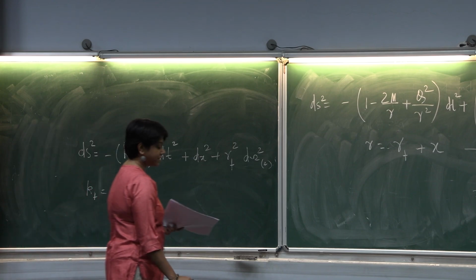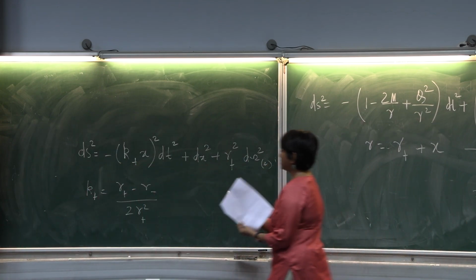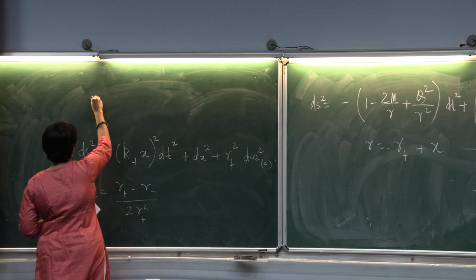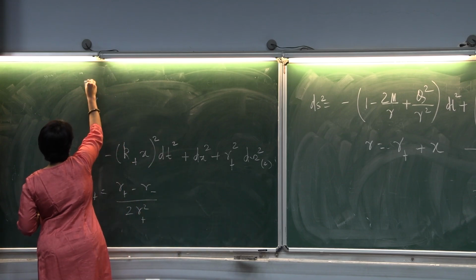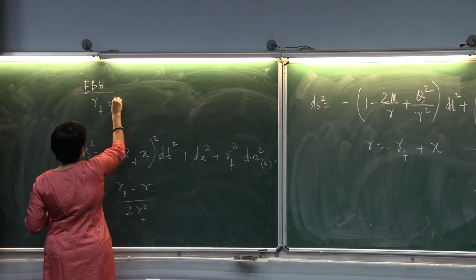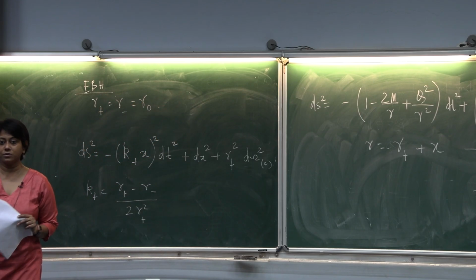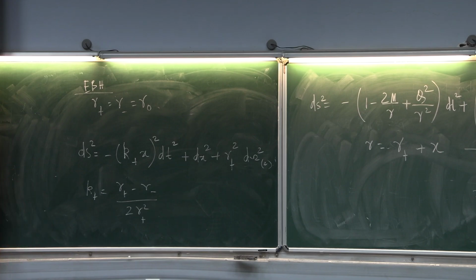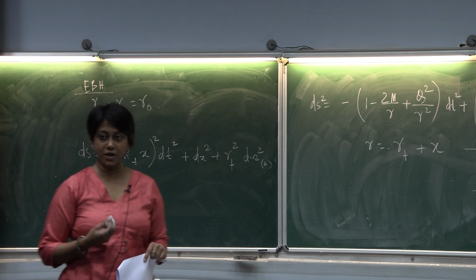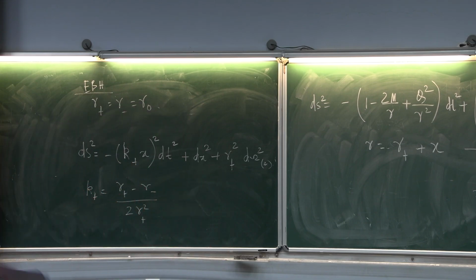For the extremal black hole, now if I take the extremal black hole condition, extremal Reissner-Nordstrom, then of course my r plus equals r minus equals r0, and the near horizon limit which was applied on r plus, now you apply it on r0 because they are degenerate.